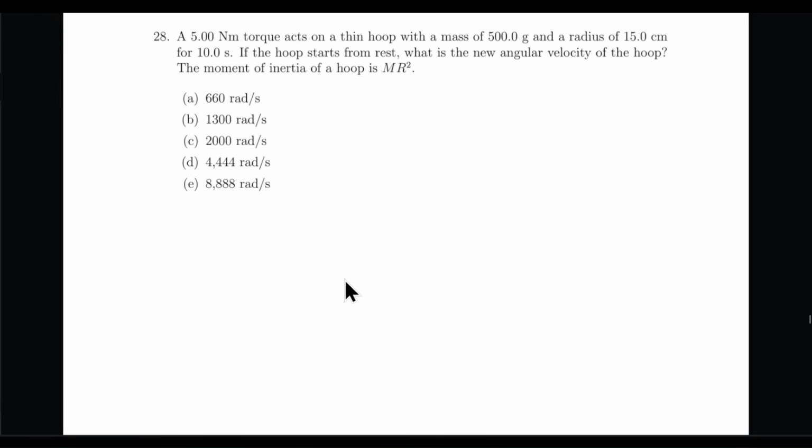Okay. A 5 newton meter torque acts on a thin hoop with this mass and this radius for 10 seconds. If the hoop starts from rest, what is the new angular velocity? The moment of inertia is given. Isn't that pretty straightforward, guys? We need to find alpha, of course, which is torque over I, because torque is equal to I alpha. Torque is 5 newton meter. I we don't know, but we are given the formula, which is mr squared.